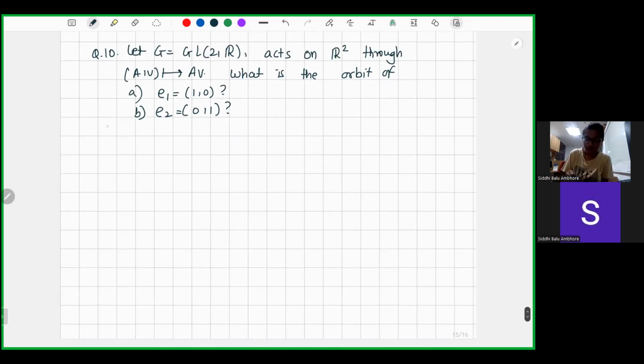So we are in GL2R. GL2R is the set of all invertible matrices, and it is acting on R2.